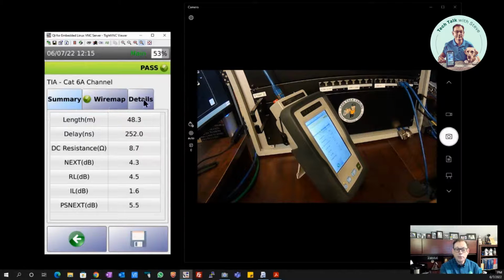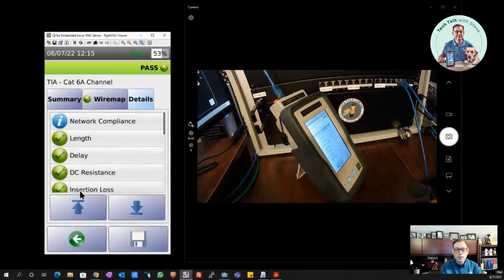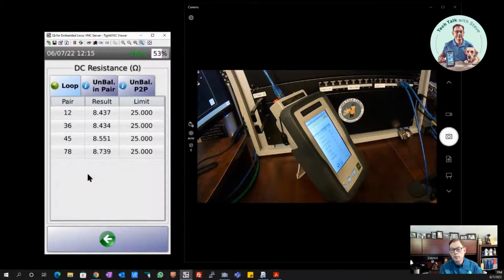We can go in and look at the details of this test if we wish, and we can look at DC resistance. Now, in that 6 seconds, we're always running the TCL, ELTC, TL, we're running the DC resistance unbalance. But you'll notice here they have an informational icon, the little blue circle with the I in it.